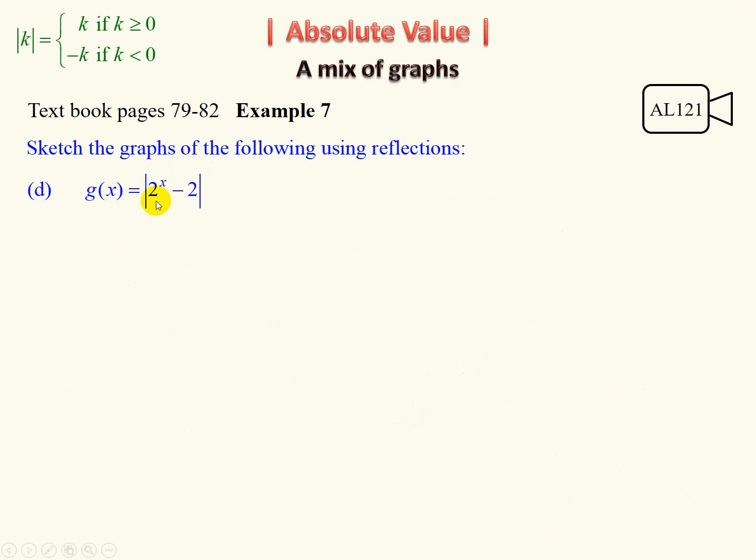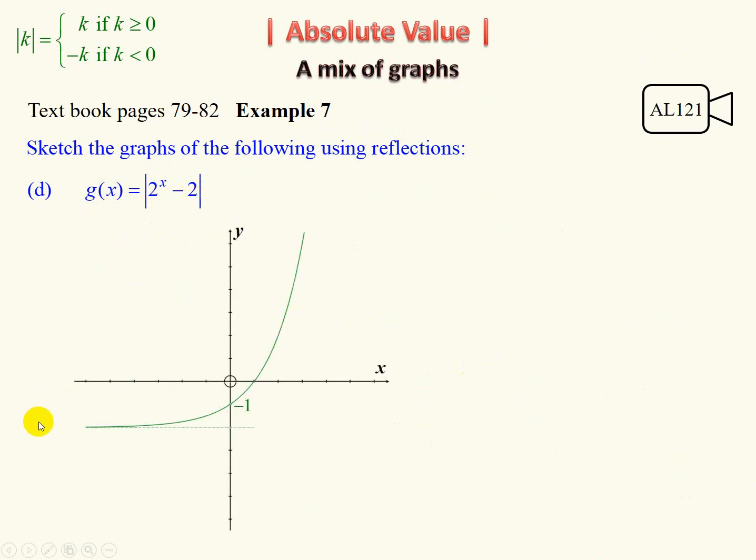Here's an exponential graph. So g of x equals 2 to the x minus 2, all inside the absolute value sign. So there's the graph of y equals 2 to the x minus 2. It's the graph of y equals 2 to the x shifted down 2, in fact.